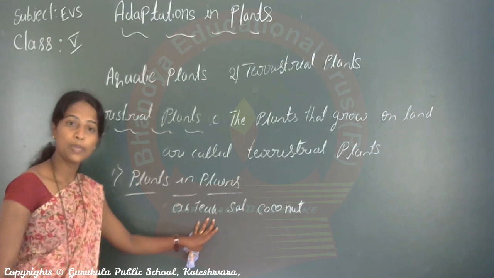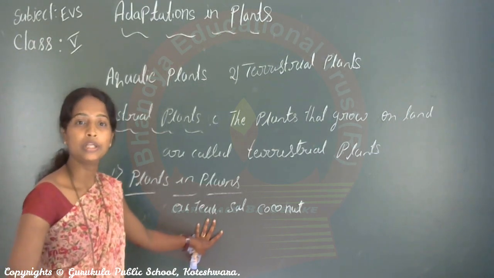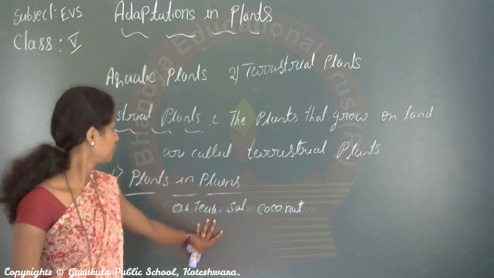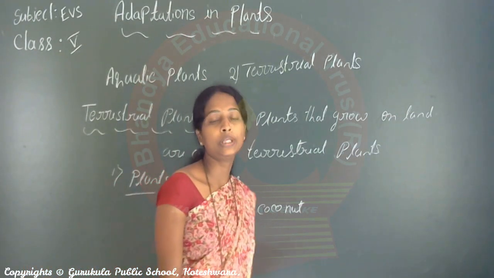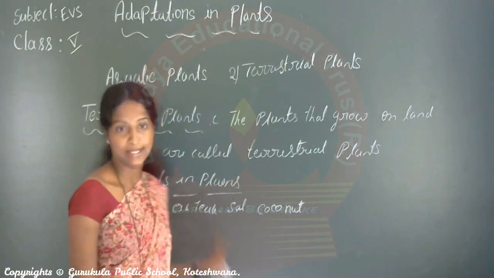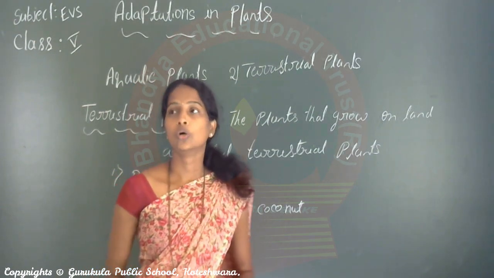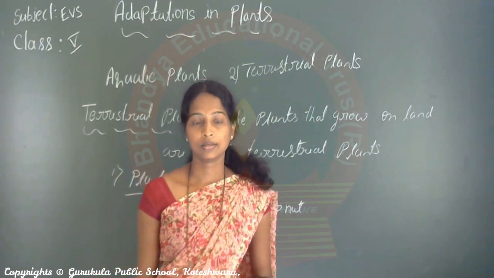See, in the plains we can find many different trees. For example, teak, sal, coconut. These also grow in plains.